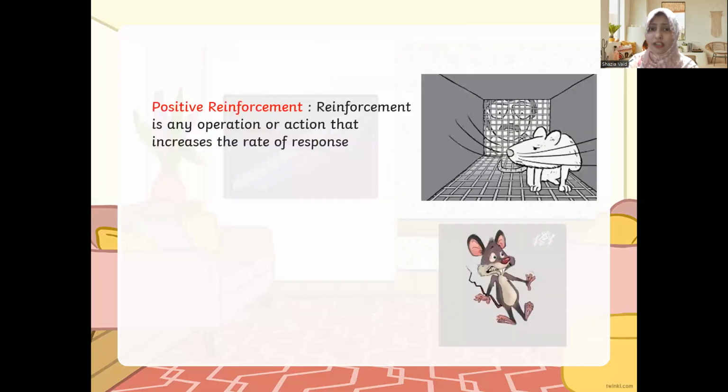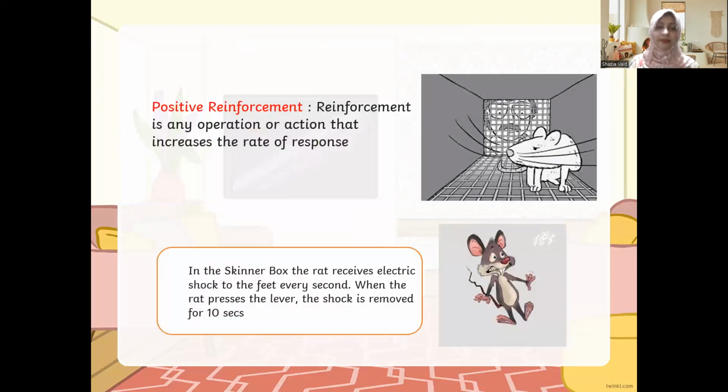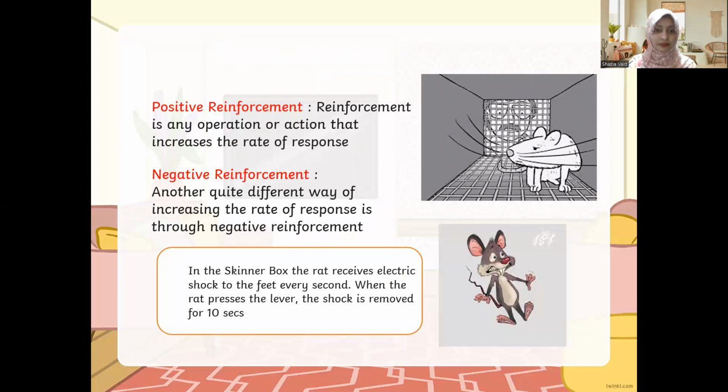This is operant conditioning. And now they tried the opposite thing as well. In the next experiment, again there was a cage and a mouse in the cage. But this time, the mouse was given a shock. And there was a lever in the cage.